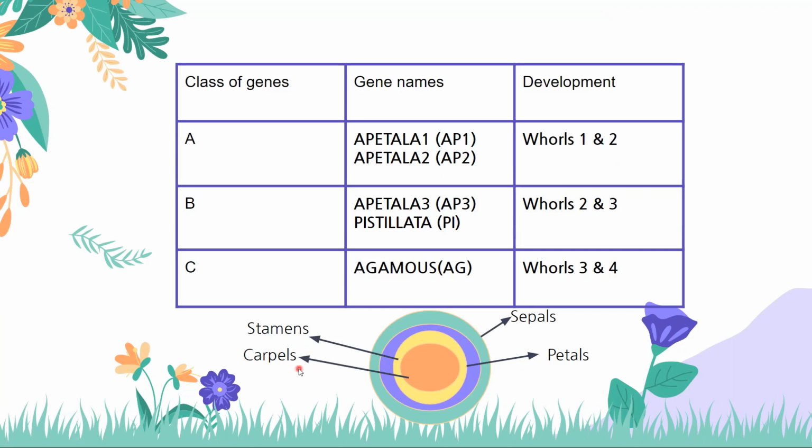So if you notice, you require class A and B genes for petal formation, and class B and C genes for the formation of the stamens. For carpels, it is solely AGAMOUS, and for sepals, it is solely APETALA1 and APETALA2. This is something you need to remember to understand the future concepts.